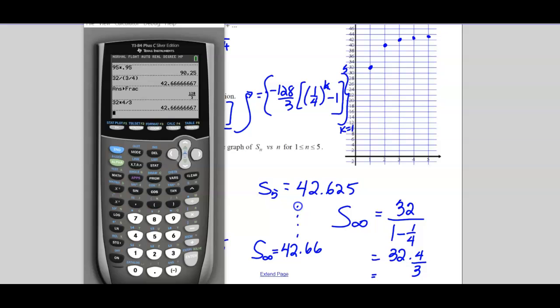Okay. So we're already pretty close, right? It doesn't take long. The smaller the R value, the faster we get there. Okay, so that is the end of that booklet.